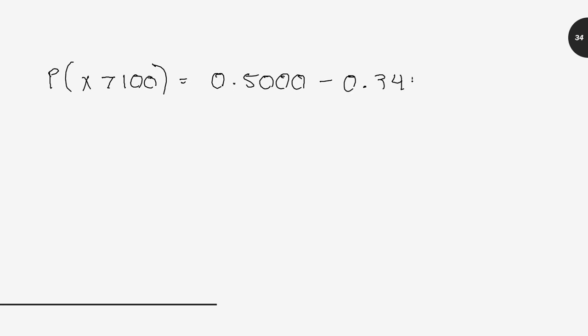Okay? So, the probability that the value of x is greater than 100 km per hour is equal kay 0.5000 minus yung nakuha natin na probability from mean hanggang dun po kay x, which is 0.3413.